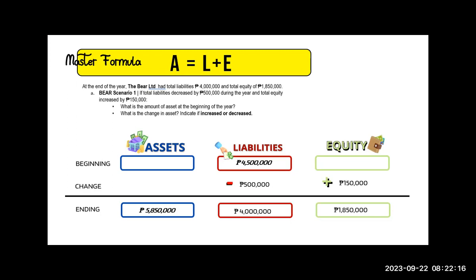And then baliktad naman sa 1.85 million equity. It increased raw to 150,000. Meaning, dapat we subtract 150,000 to get 1.7, and then finally you'll get your asset by adding the two, liabilities and equity. So 6.2, and then simple subtraction lang. So 5.85 million minus 6.2 million is 350,000. So these are the correct answers.